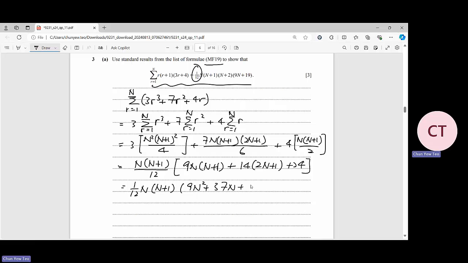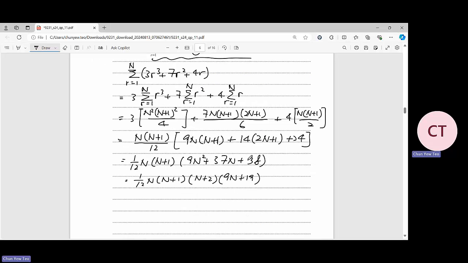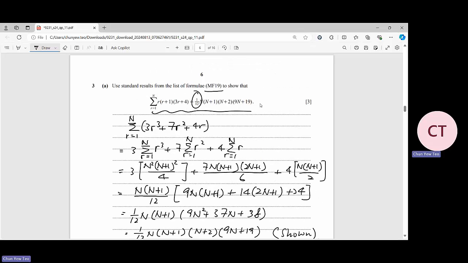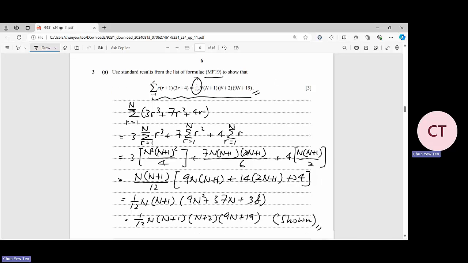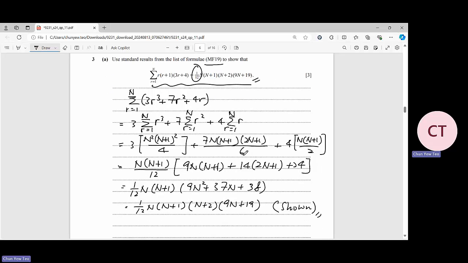This one is 14 and 24, 38. Okay, so we factorize it further. You can see that you have (N plus 2)(9N plus 19). Okay, 19 and 18, correct? Okay, so this is how you get it done. Shown. The answer is the same as what's stated here. So this is the answer for number 3, part A, done.